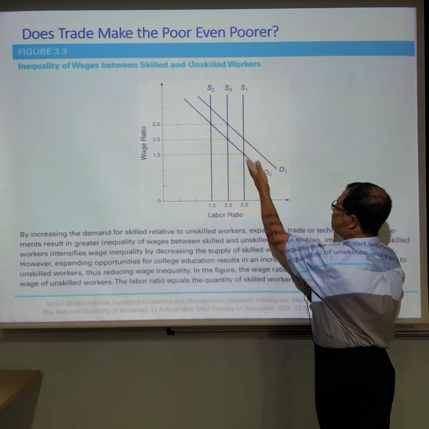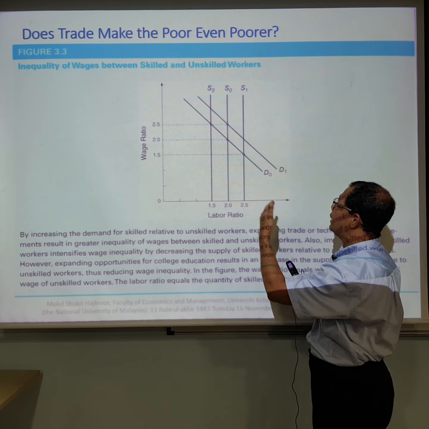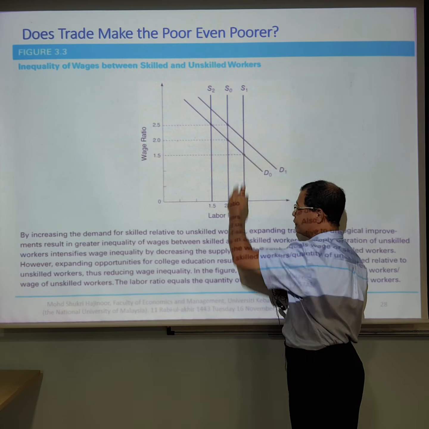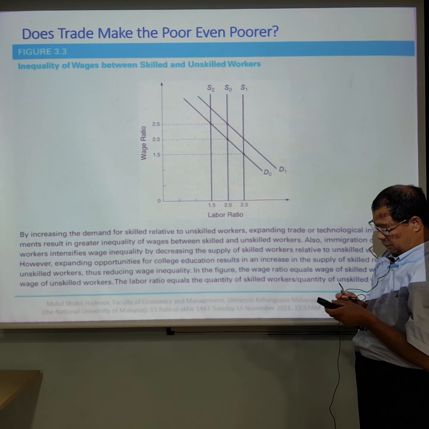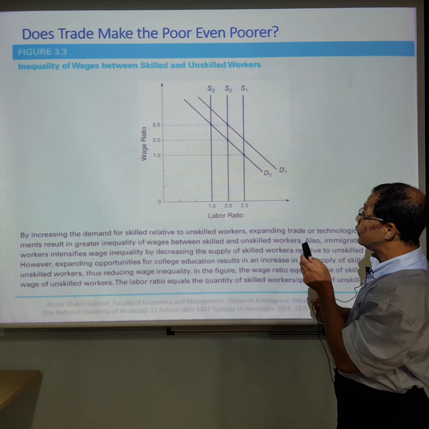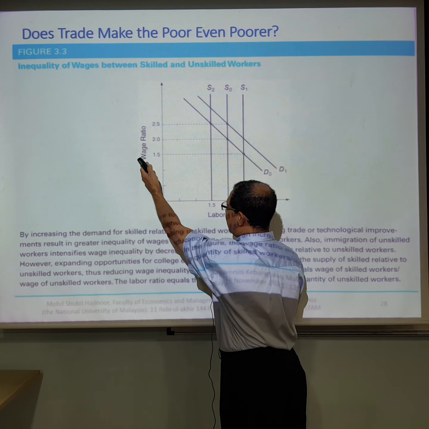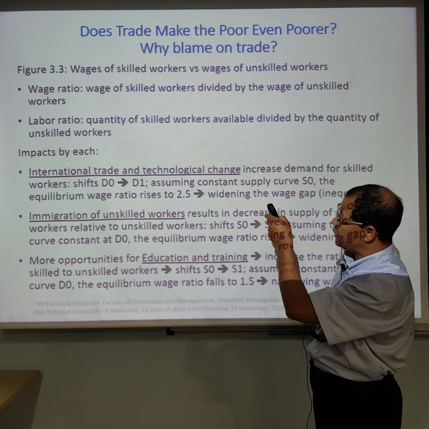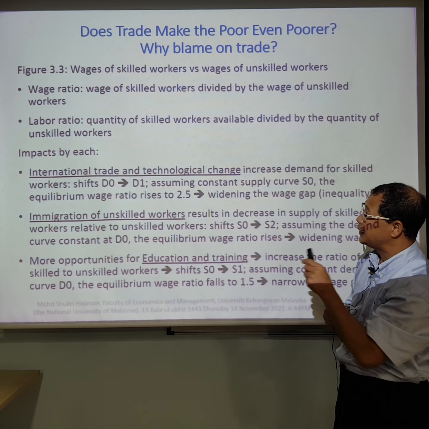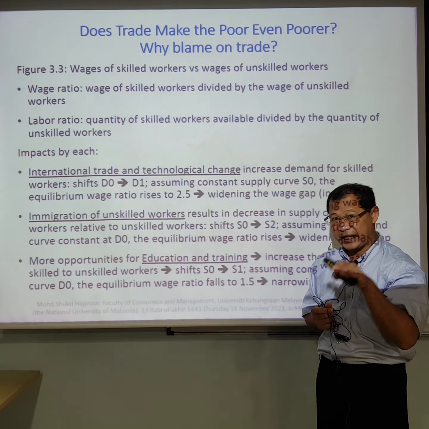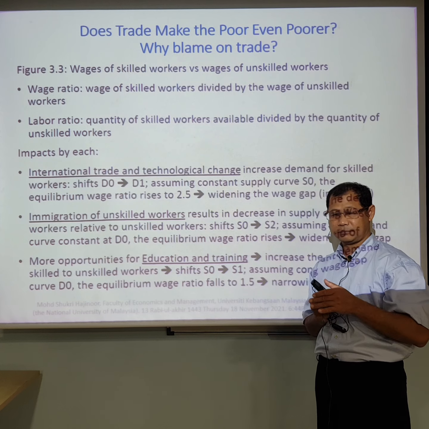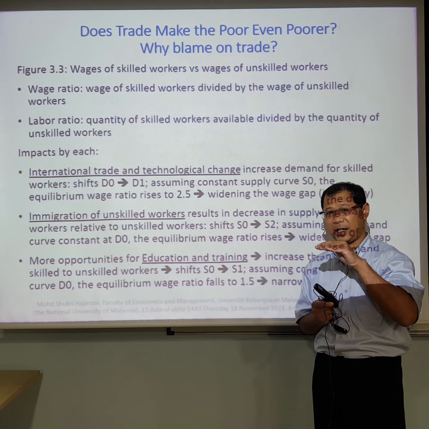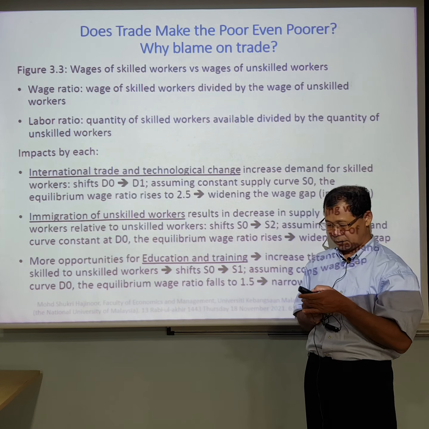This is the demand for labor, and this is the supply of labor. So we're going to define the wage ratio and labor ratio. Wage ratio is defined as the wage of skilled workers divided by the wage of unskilled workers.